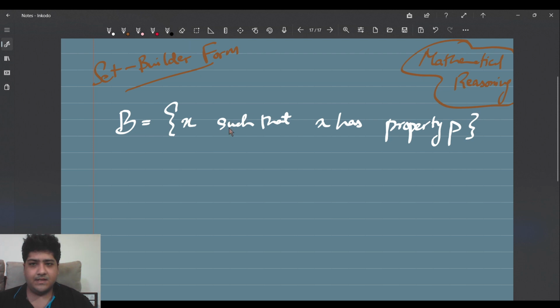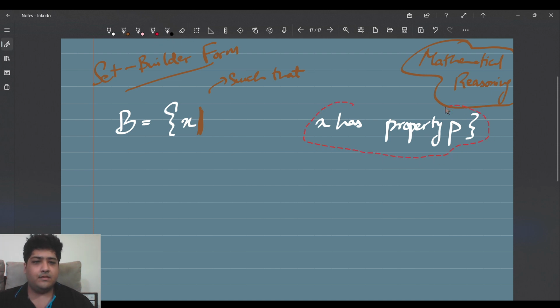Such that I am replacing by this symbol, a colon symbol, but a colon becomes somewhat tedious to write down a lot of times. So in books you'll see this colon symbol. I'll often use this bar just to say such that. So it should be read as such that, and x has property P.